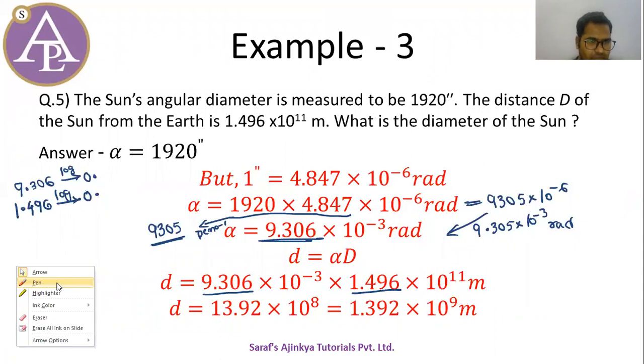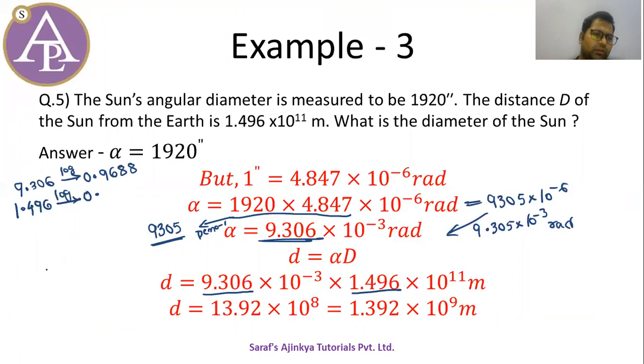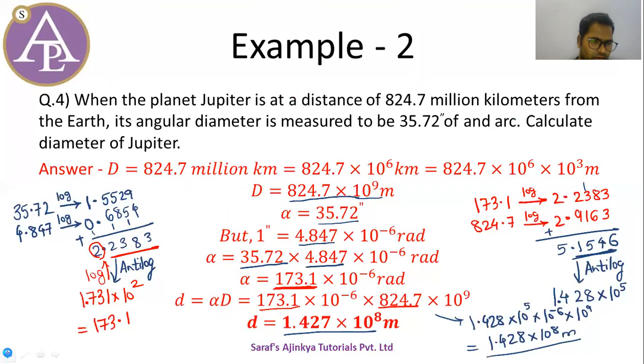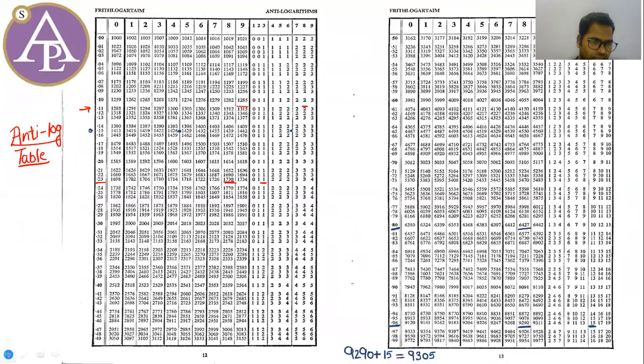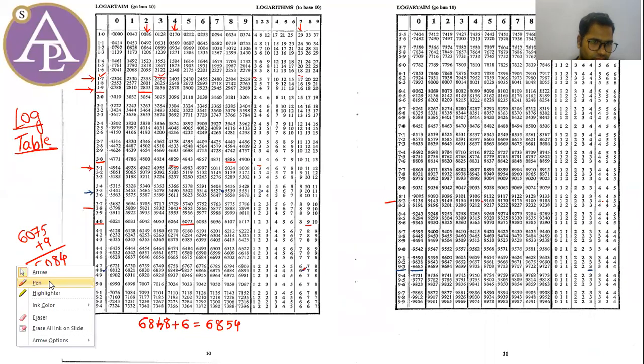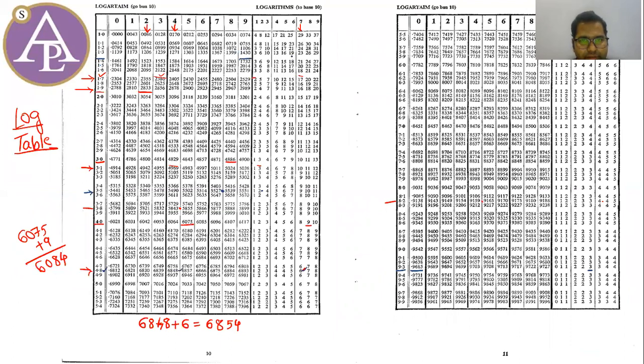So this is 9688. Correct. Or 1496. So 1496 also we have to see. Okay, so this is 149 and 6.